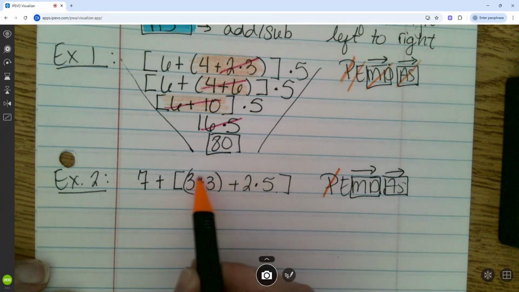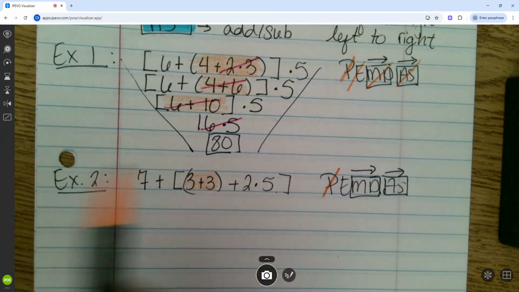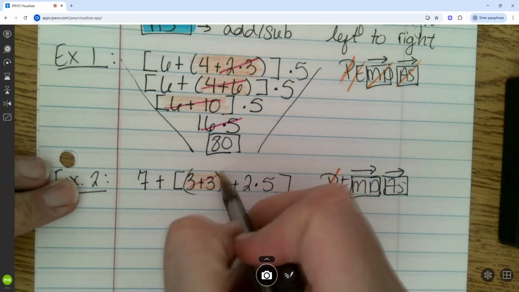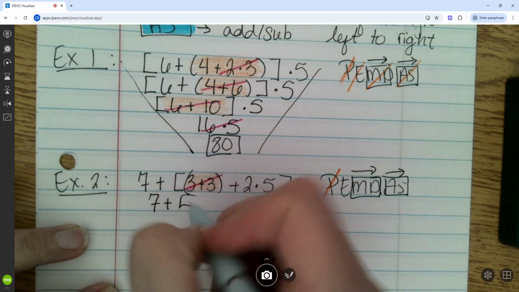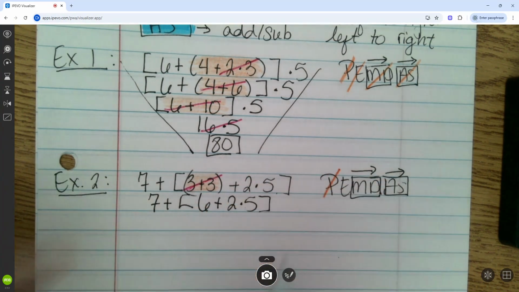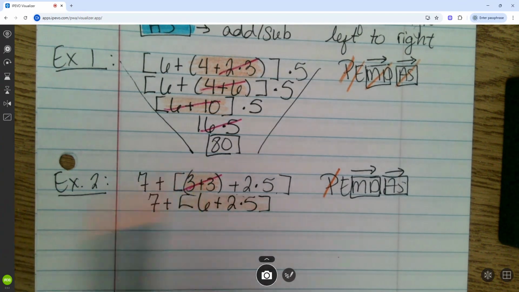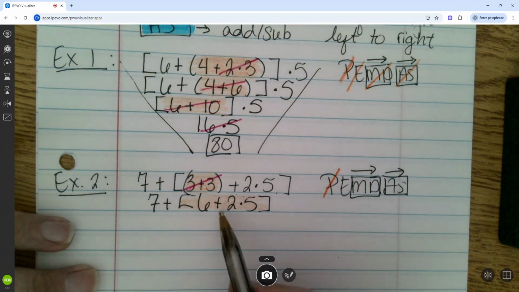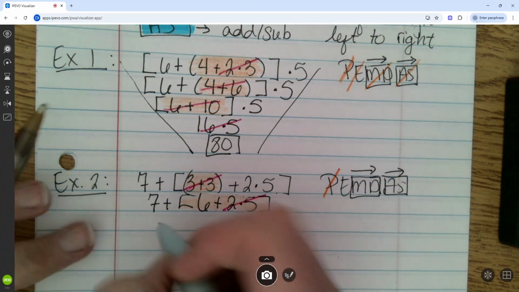Inside my grouping symbols, I do the inside one, and then I'll work outward. So 3 plus 3, bring everything down. I still have grouping symbols, so I'm focusing inside my brackets. Following order of operations, I multiply before I add. Check off.